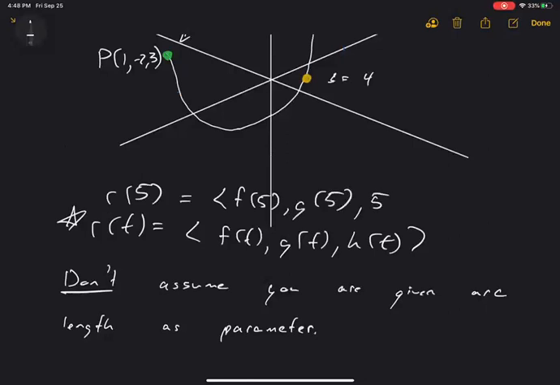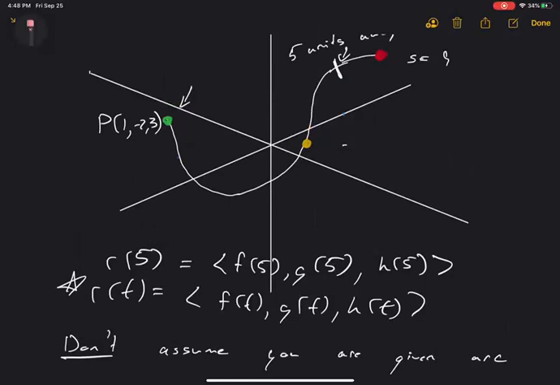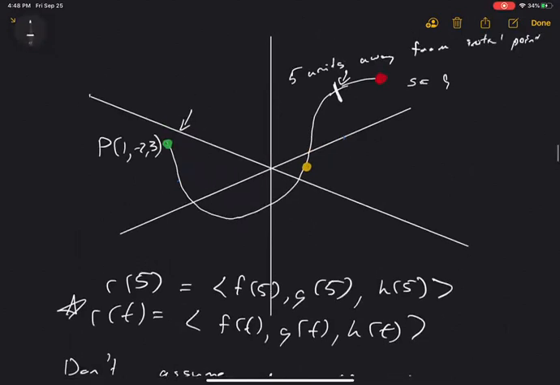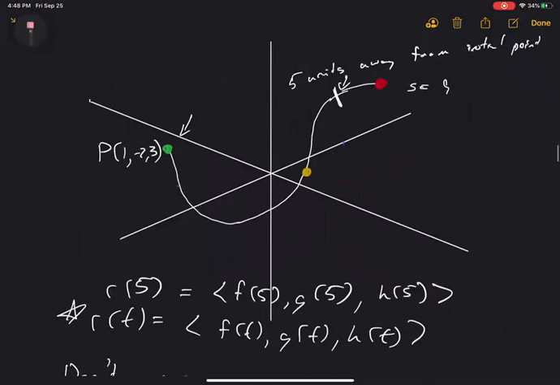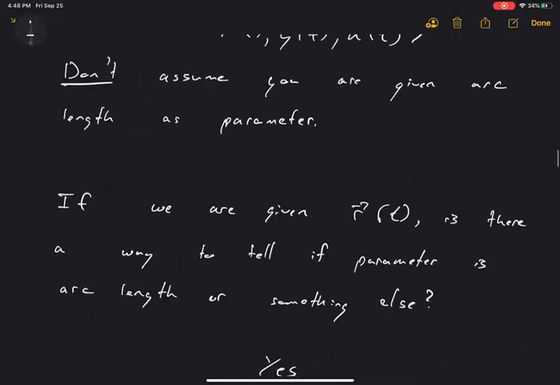That's going to give me a point on my curve. Is that the point that is in fact 5 units away from my starting value? Or is it going to give me some other value? Maybe R of 5 is going to give me some value way down the line of my curve that is way more than 5 units away from my starting point. So we need to determine that.